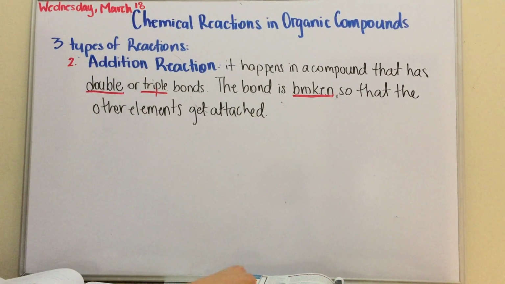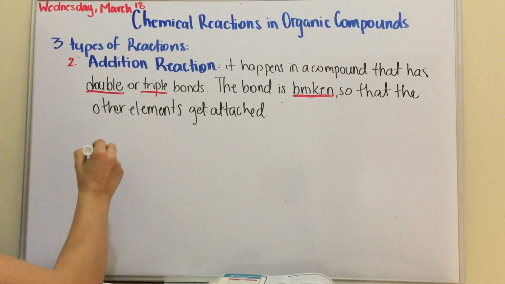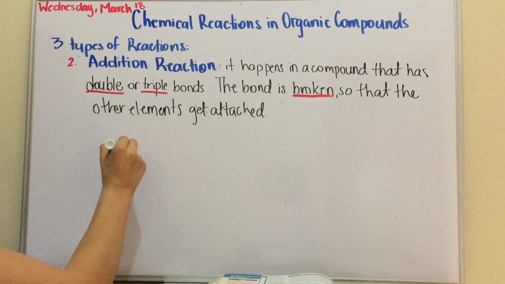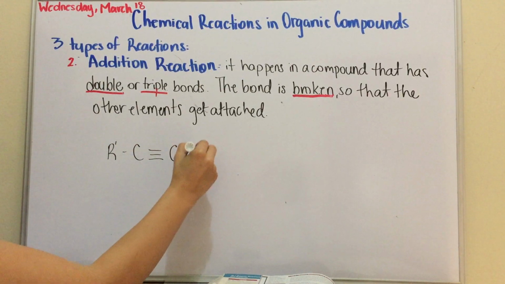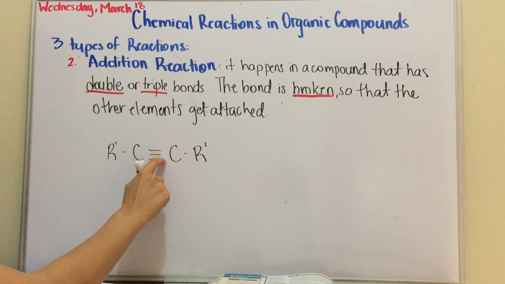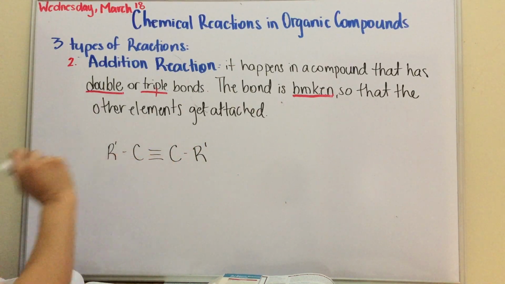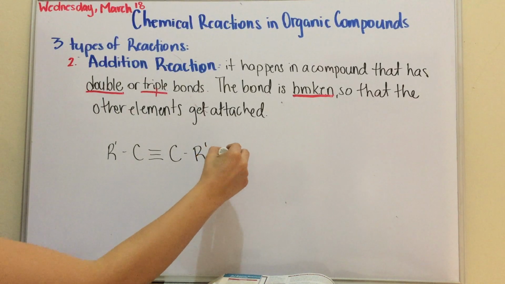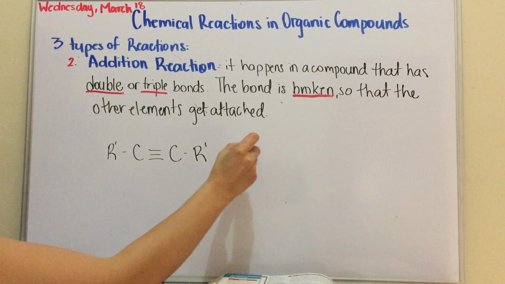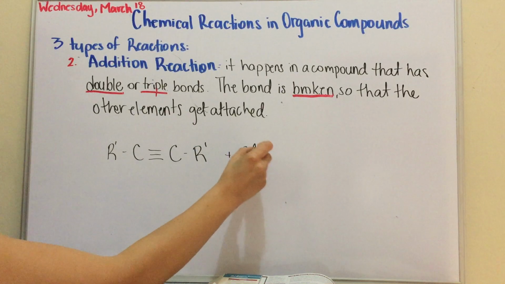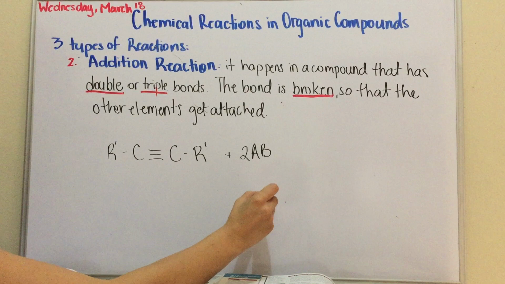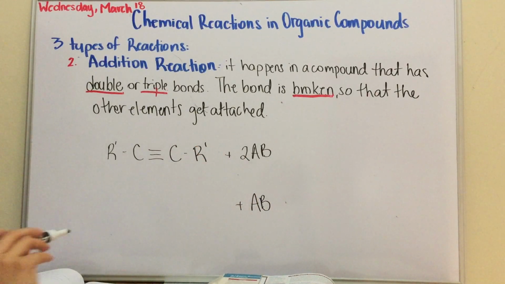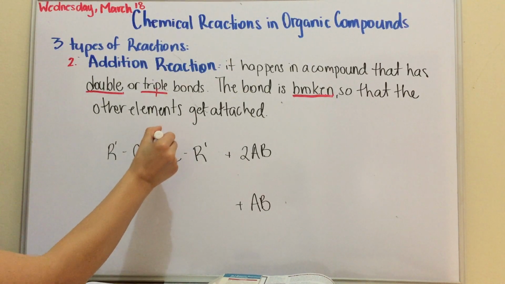We're going to have our R, carbon 1, 2, 3, carbon bonded with R, 1, 2, 3, 4, 1, 2, 3, 4. No hydrogens attached. So when you have a triple bond, you can have plus 2AB, or we can have it plus AB, and we can have two different outcomes. Step 1, break the bond.